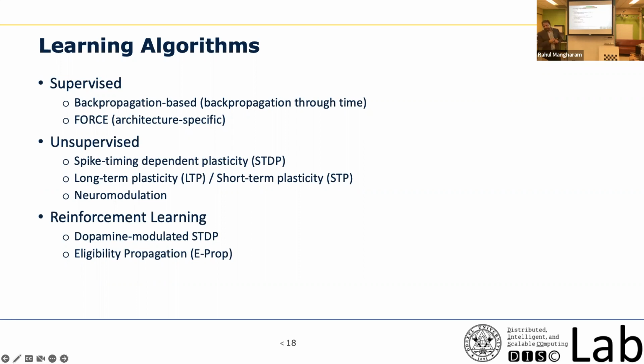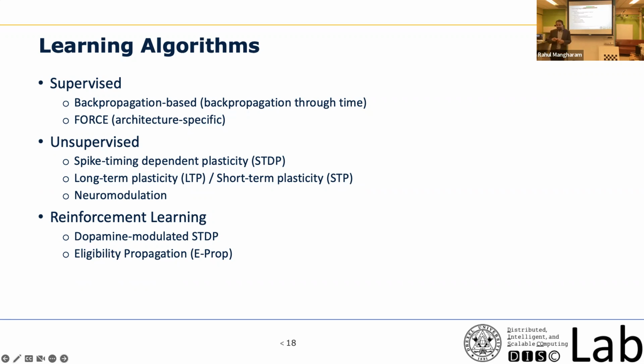Then there is a very interesting algorithm that we have proposed in recent days, called FORCE. I will talk about that later. It is a supervised learning algorithm, but a kind of alternative to backpropagation. On the unsupervised side, there is a whole different type of learning mechanisms. For example, spike timing dependent plasticity is the Hebbian learning rule, but there are also short-term plasticity, long-term plasticity, plus something called neuromodulation.